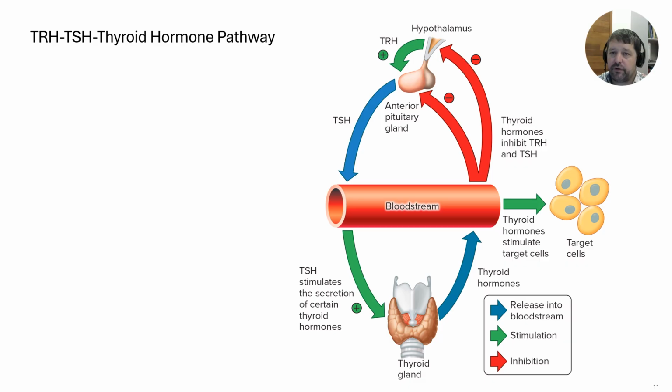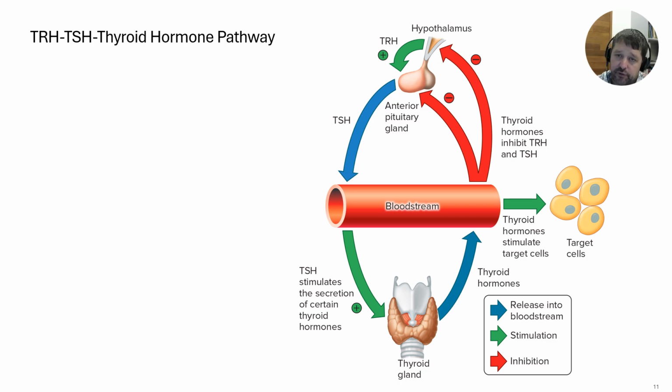This is what it would look like as a negative feedback loop. Thyroid releasing hormone from the hypothalamus entices thyroid stimulating hormone to be produced, which travels in the bloodstream to the thyroid gland. The thyroid gland then produces thyroid hormone back into the blood to the target cells.